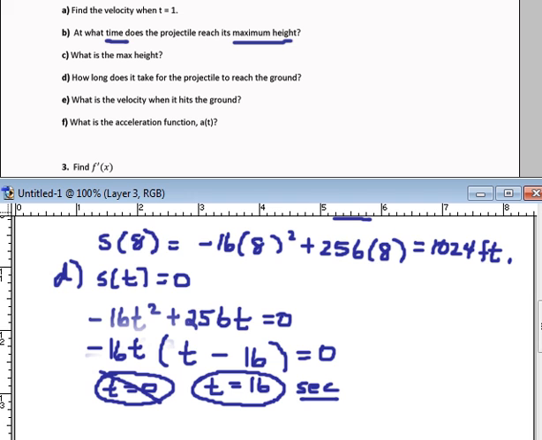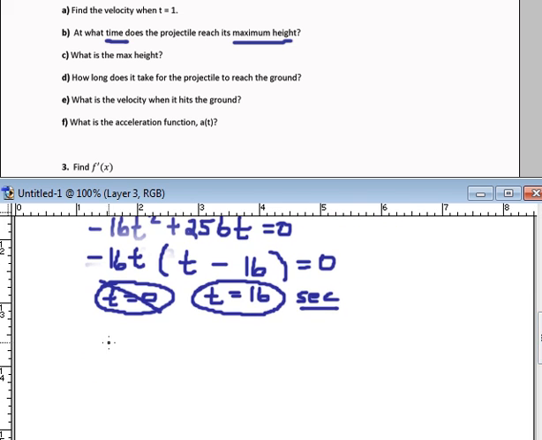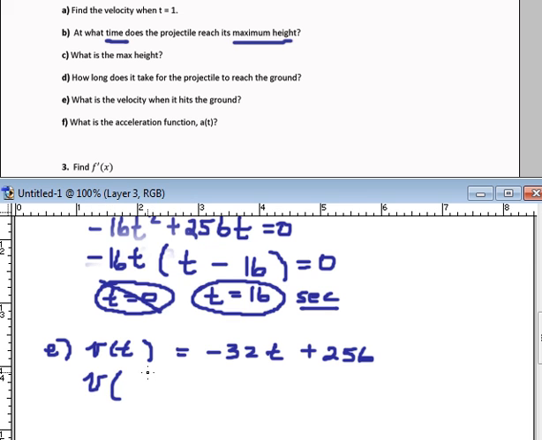Let's look at E. What is the velocity when it hits the ground? All right, so we're going to go to the velocity function. That's E. V of t is equal to minus 32t plus 256. So we want to find the velocity when t is equal to 16, because that's when it hits the ground. So we're just substituting in 16 over here, v of 16.